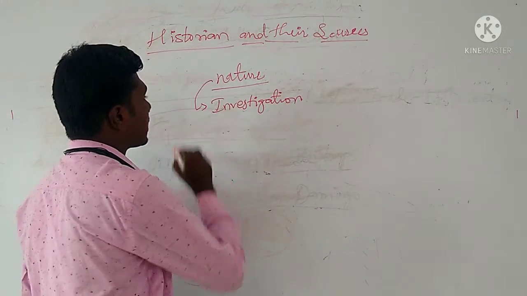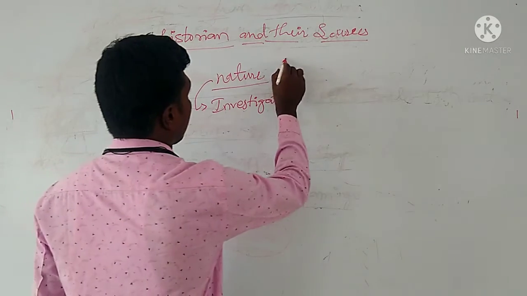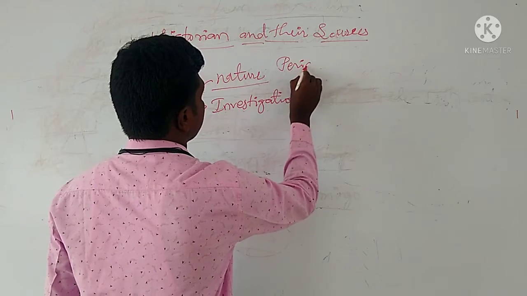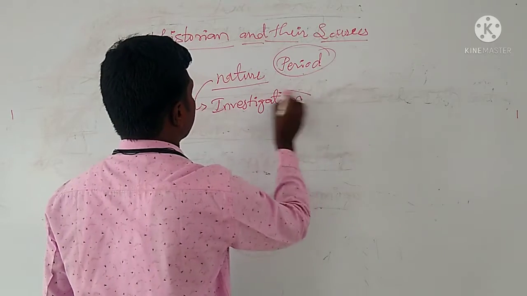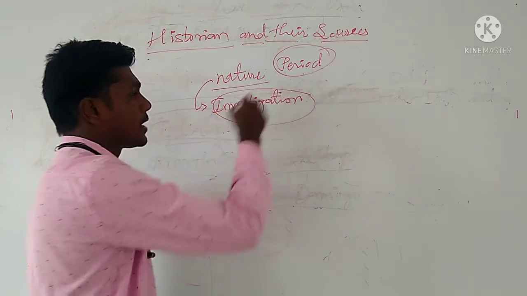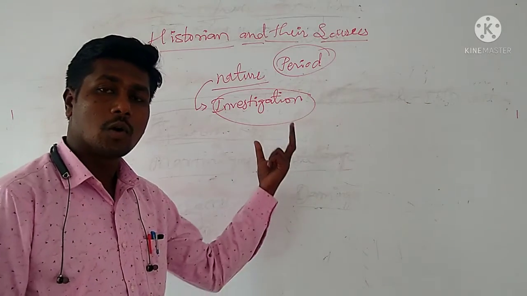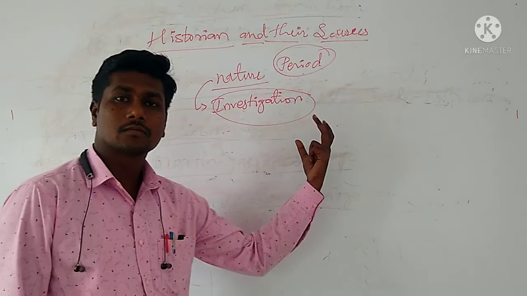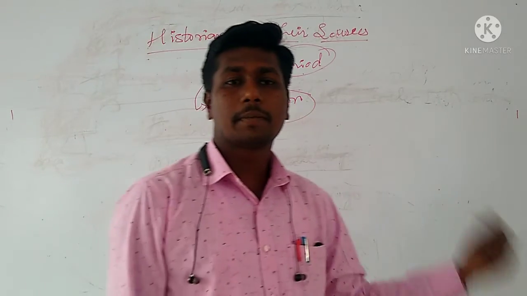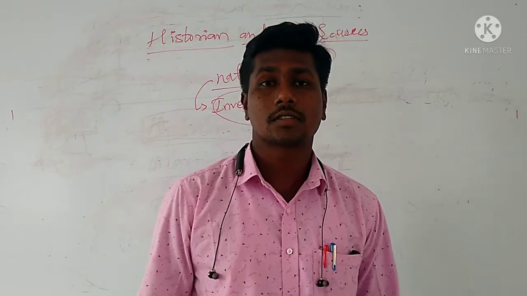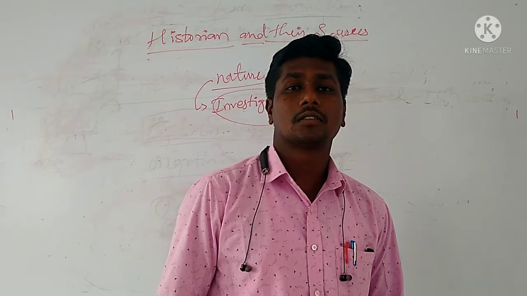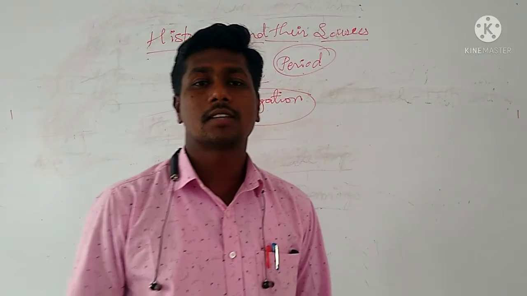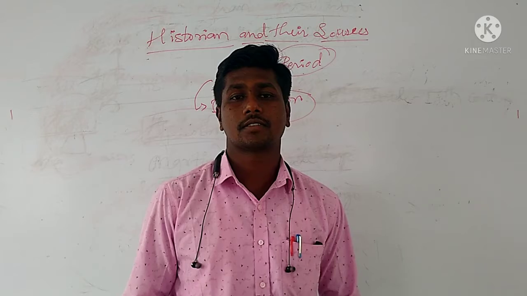We can take directly two points: the nature of their investigation and the period. Right? So both of these determine the sources used by the historians in the past 1000 years.